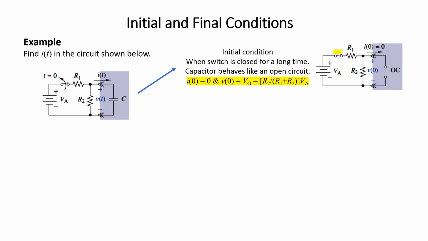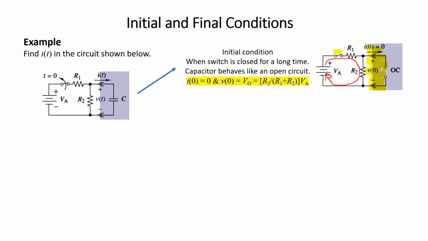The capacitor current will be 0, but the voltage across the capacitor will not be 0. What is the voltage? If you ignore this part, the only thing left is that current will be flowing through this mesh only.